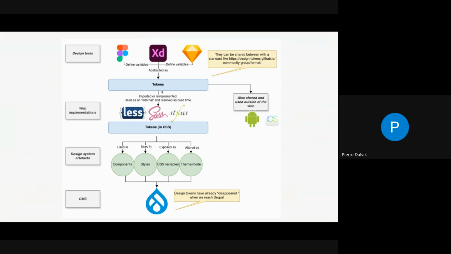But what we are providing, what we are exposing to the content management system, is the built artifact. So design tokens are used in the implementation, but they are not exposed by the implementation. So for now, we don't need them. And I strongly believe we will never need them. Some questions, some feedback?